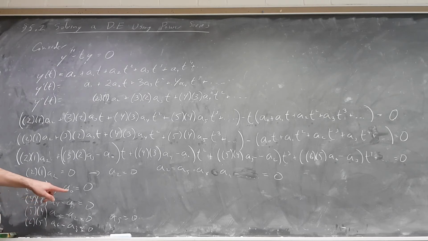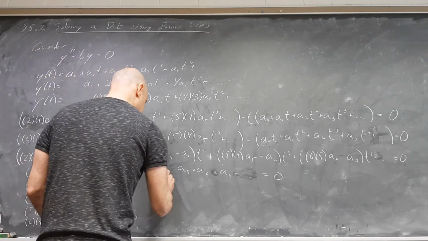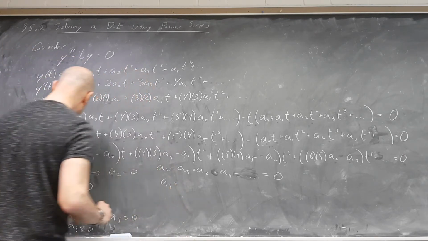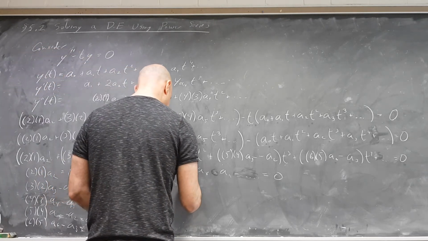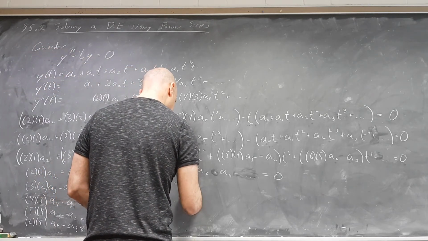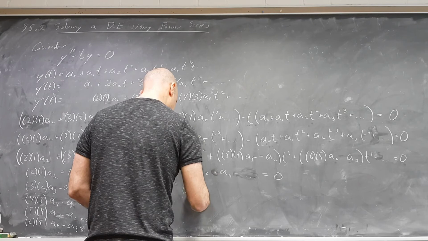Once we know what a0 is, we can figure out what a3 is. We can see that a3 equals 1/6 of a0. If we bring the a0 over and divide by 3 times 2, it's a0 over 3 times 2.